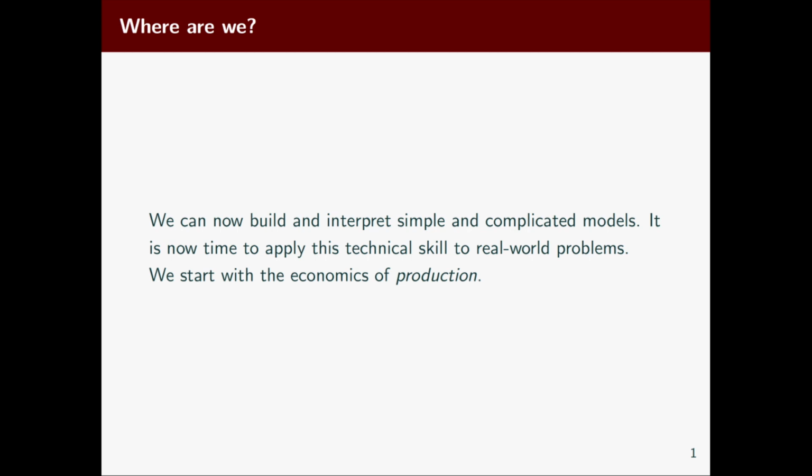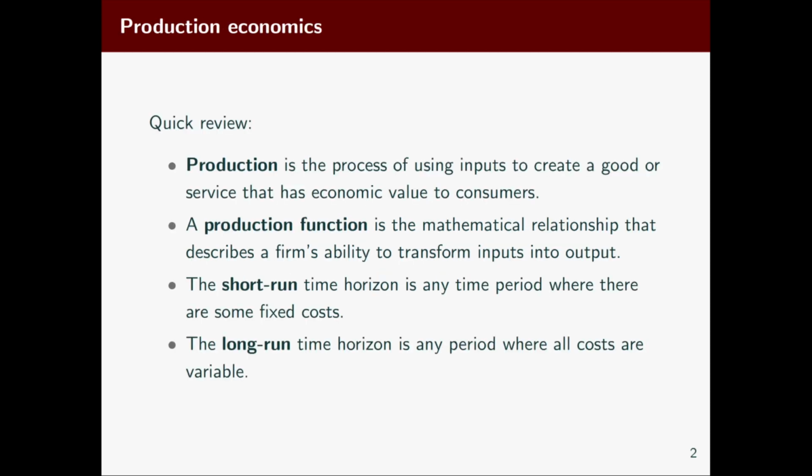Okay, so we're going to start with this module with production. So I'm going to go through a few examples just to get us started. This should be review, I guess, going back even to AGEC 105, your introductory ag economics course. So production is just the process of using inputs to create some good or service that has economic value to consumers.